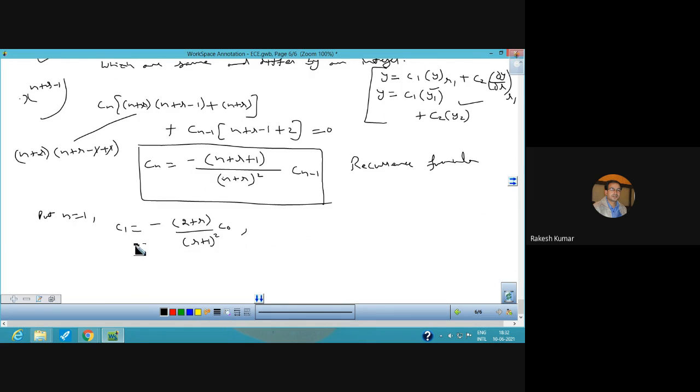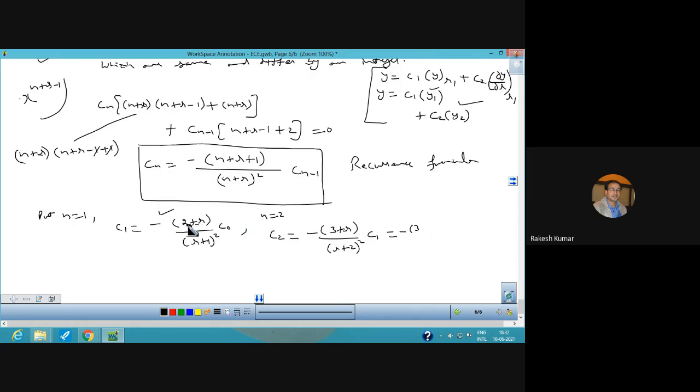This is your C1. Similarly, for n is equal to 2, you will have C2, that is negative 3 plus r divided by r plus 2 whole square into C1. Now when you put n equal to 2, 2 minus 1 is 1, so C1. Now you can use the value of C1 in the next step and you will have minus 3 plus r.